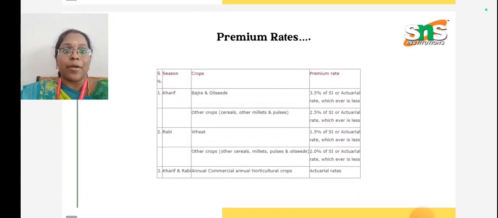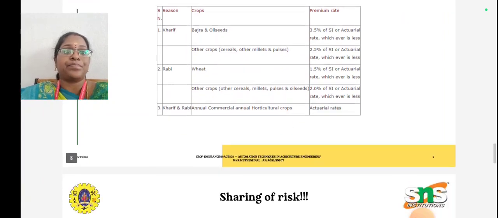The premium rates have been shown here for kharif crops, rabi crops, and kharif and rabi crops. For example, for bajra and oil seeds, and also for wheat and annual commercial and horticultural crops, the premium rates are shown in the slide.